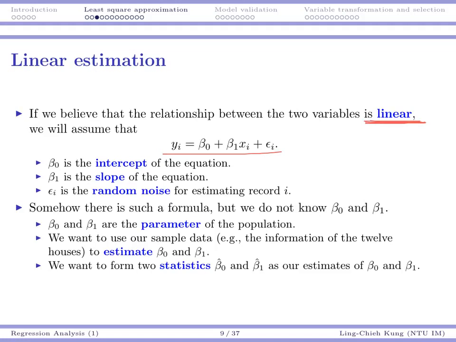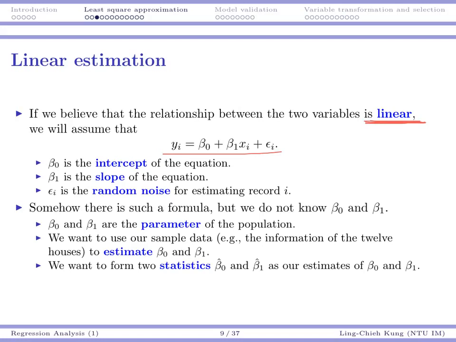Of course, in any real situation, this can be close to yi, but for many houses, this is not going to be precisely the price, right? There must be some deviation in practice. So we call epsilon i a random noise for estimating record i. That means eventually we're going to get some estimates for beta 0 and beta 1, so that if I get the size xi, I can plug it into this formula.